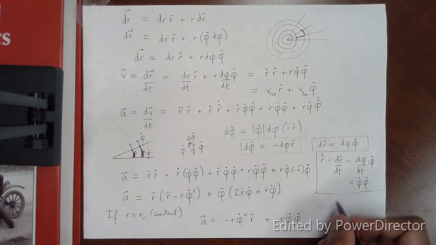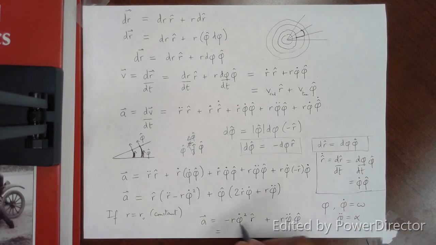But if we recognize phi as the angle, phi dot as angular velocity, and phi double dot as angular acceleration, then this just becomes minus omega squared r hat plus alpha r phi hat.